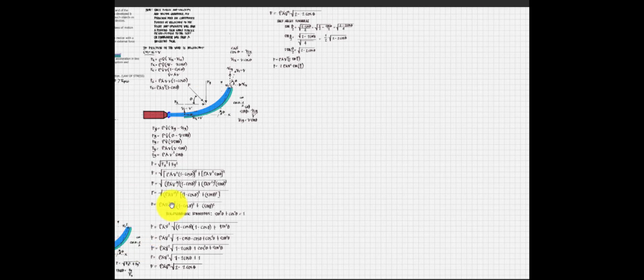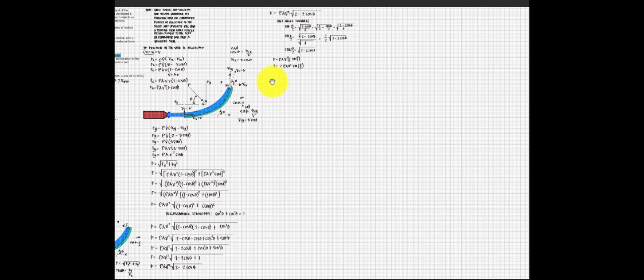So looking again at the overview of our solution for the derivation of the reaction or the total resultant force acting on this fixed plate from the flow of the jet horizontally on the surface, then going up here at an angle of theta. So we have here the value of the total resultant.